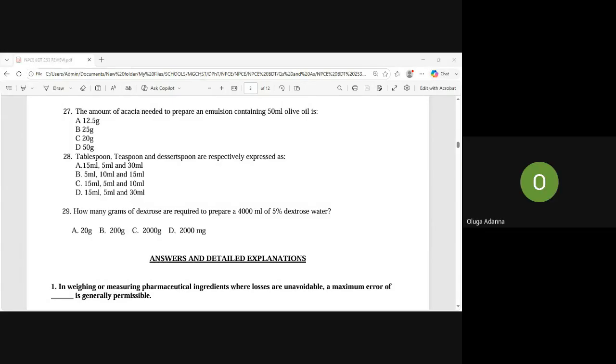Let me read the question again and be explaining it. Let me say this 6,000 milligram is equal to 1 bulk now.